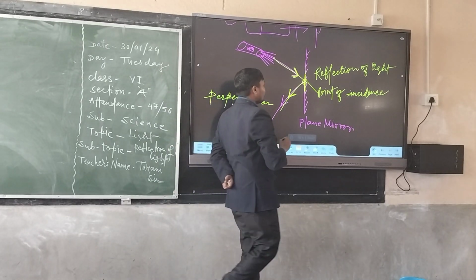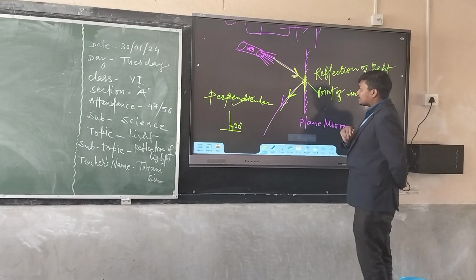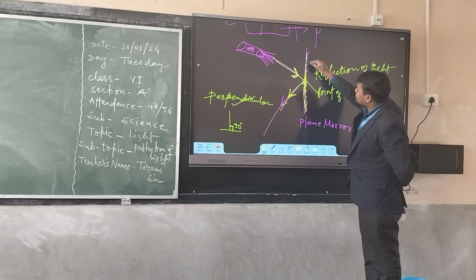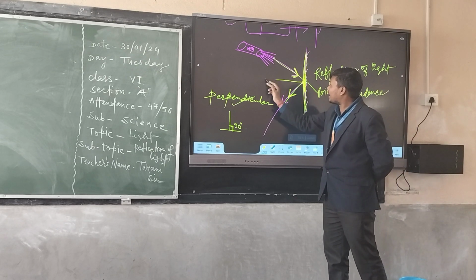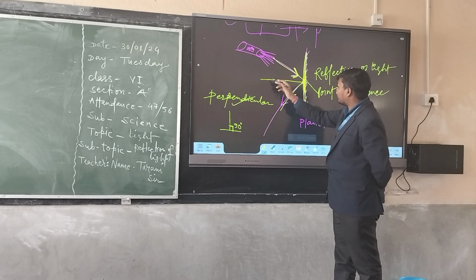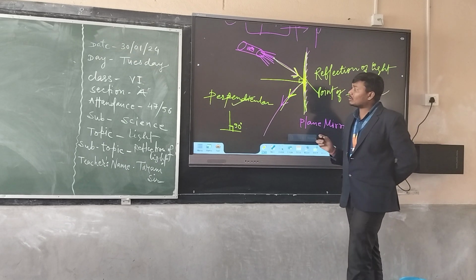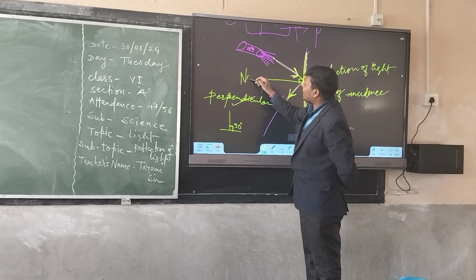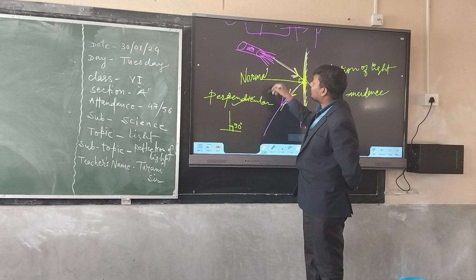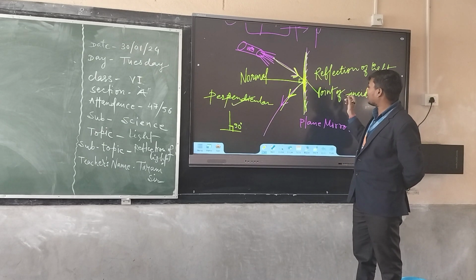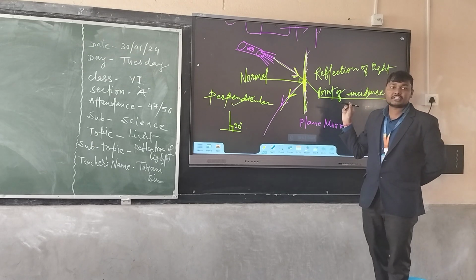So here also, at this point of incidence, if we draw a perpendicular to the surface of the mirror, that will be a vertical line, making 90 degrees to the surface. This line is said to be the normal. So the normal is the perpendicular drawn at the point of incidence.